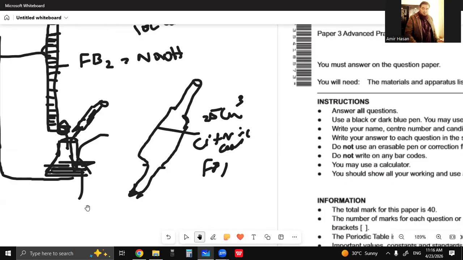Okay, when we put the phenolphthalein in the acid, citric acid, what happens? There is no color. Phenolphthalein giving no color in the acid.